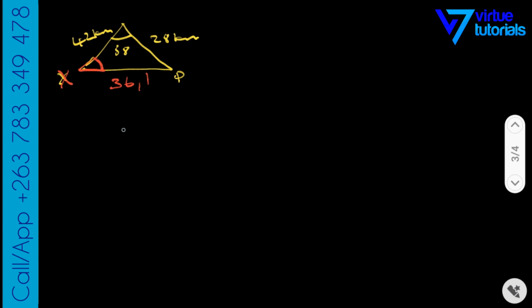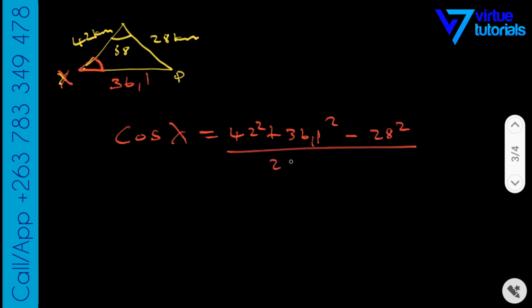So what do we do? Cosine rule. Cos of X is equal to 42 squared plus 36.1 squared minus 28 squared, all over 2 times 42 times 36.1, right?